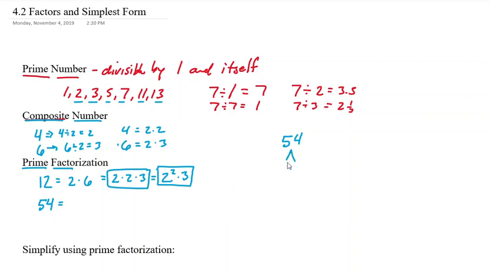So 54 is, well, let's think about it. 54. What can you divide 54 by evenly? What times something equals 54? And it turns out that it's easy to tell that we can multiply 2 times something to get 54, because 54 is what we call an even number.